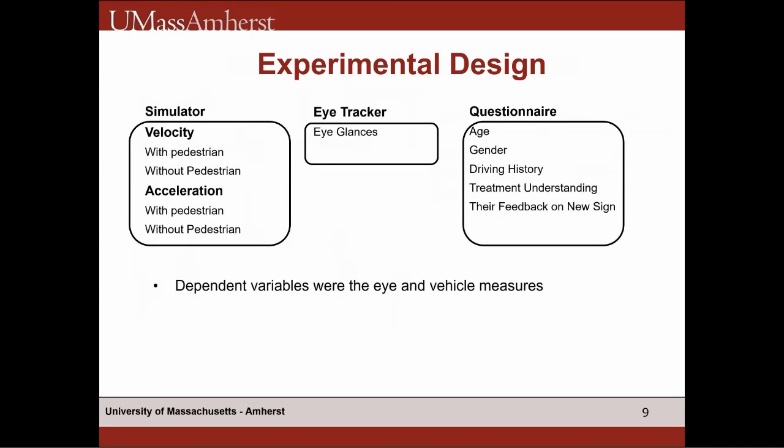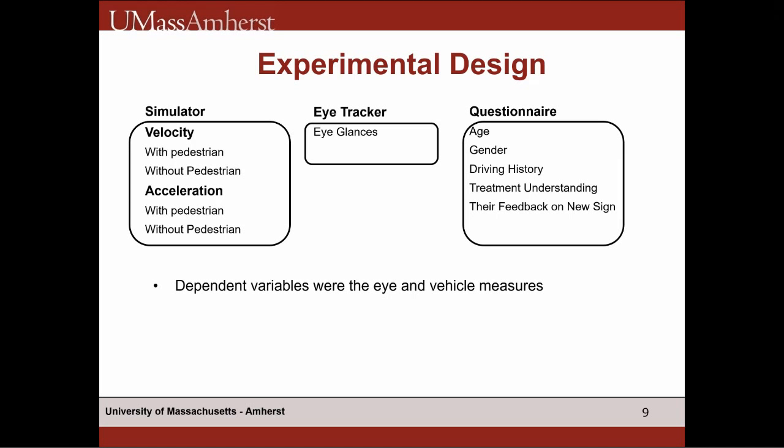And for the experimental design, I have to say that we had 3 steps: simulator, eye tracker, and questionnaire. So we collected data from questionnaires, the eye tracker, and the simulator.